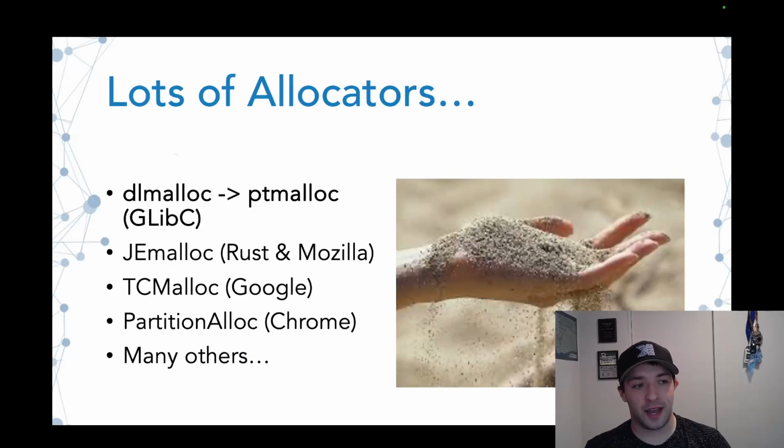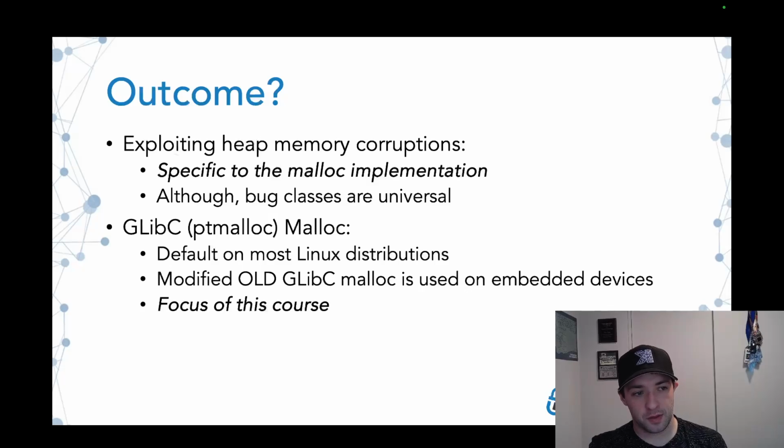There's lots of different allocators. DL malloc, glibc is what that turned into. TC malloc, G malloc. So why are we so specialized on this one? This is the most basic one, and it's used on most Linux distros, meaning that it's used in a lot of IoT devices as well.